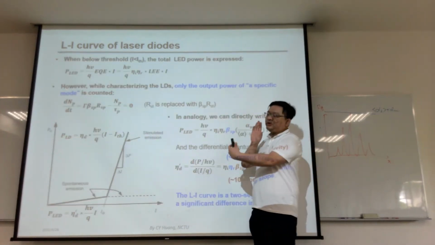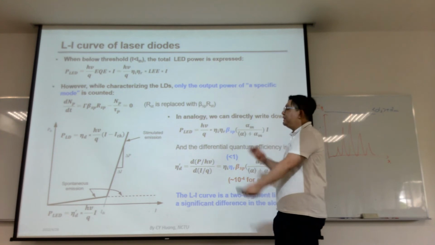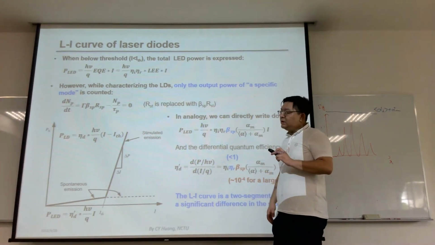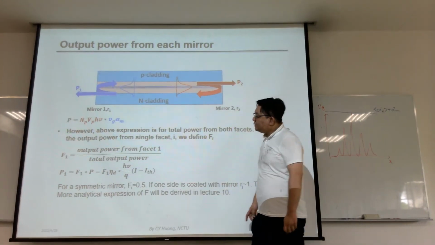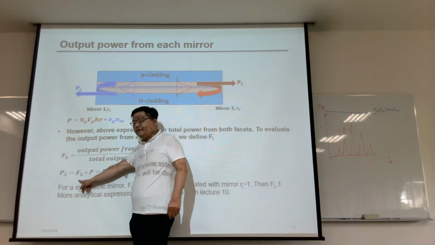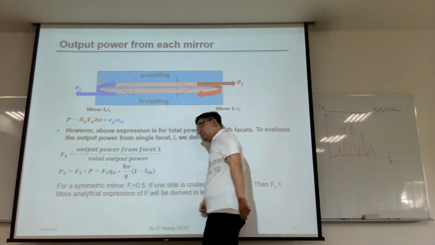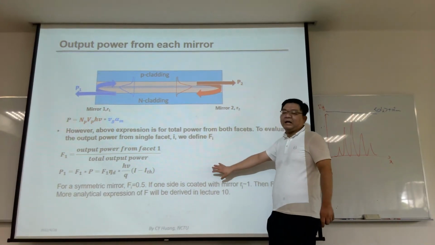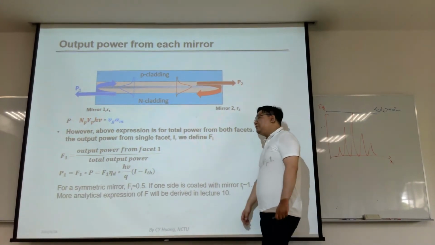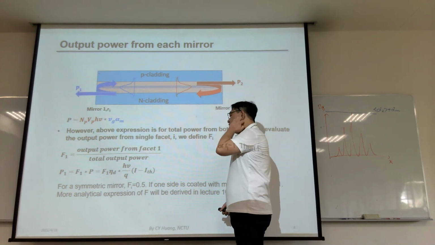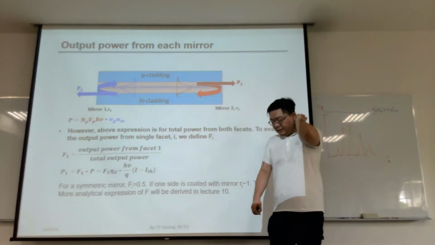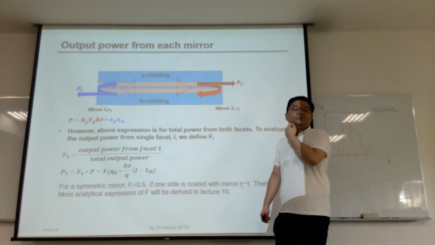So while you are measuring your laser from a specific facet, you need to further multiply by a fraction to obtain the real value. So how do you know what the F1 is? That we will teach you in the next week.